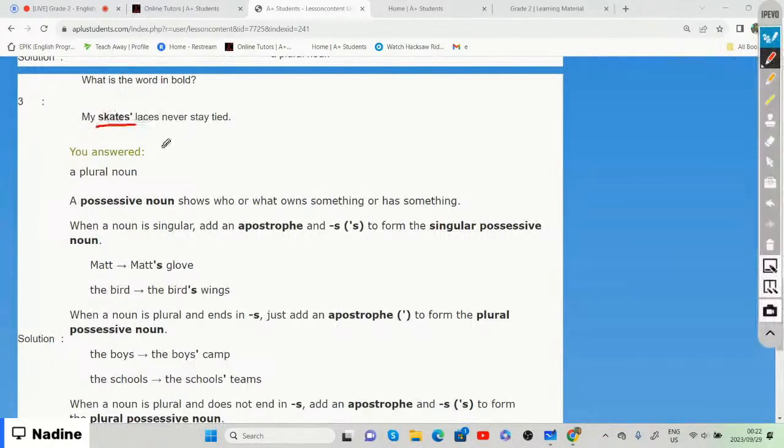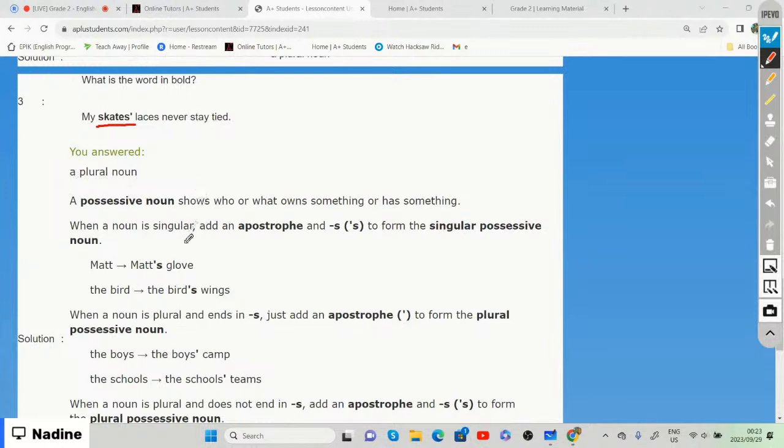Is this a plural noun, a singular possessive, or a plural possessive? So my skates' laces never stay tied.